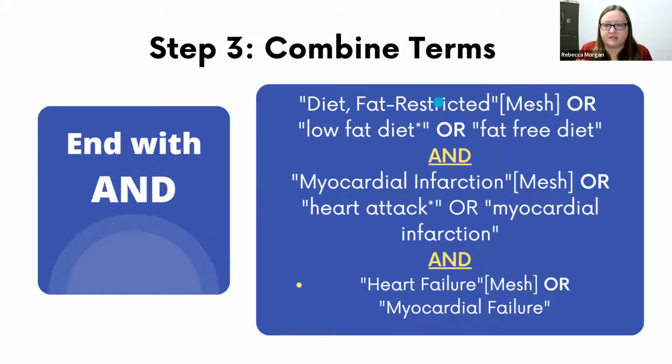So you can see my first keyword, the one we just saw, with diet. And then we're combining this OR string with myocardial infarction, our MeSH term, or heart attack. And this is important, it's often good to write the MeSH term out as natural language.